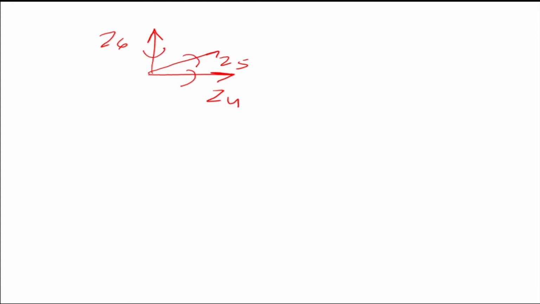But if I rotate about this axis, if I pitch, this axis z is going to come down, and then z6 can get aligned with it and come here. So it is a relative axis. That is the reason why it is done like this for writing the DH parameter table. So please note this point.